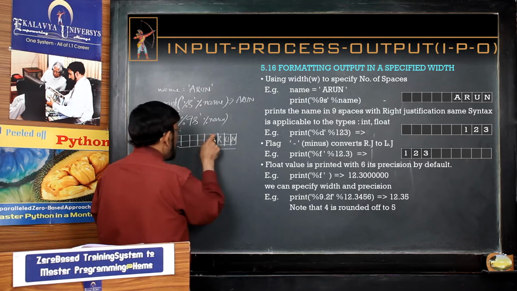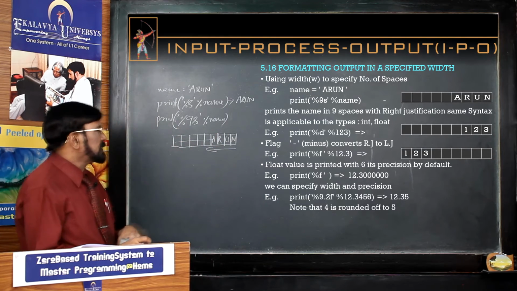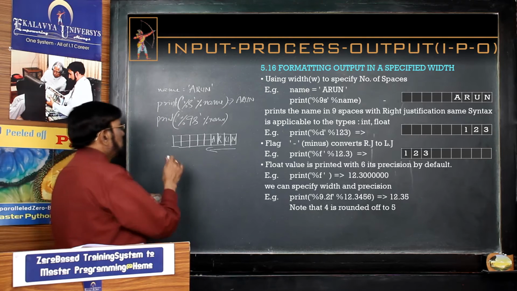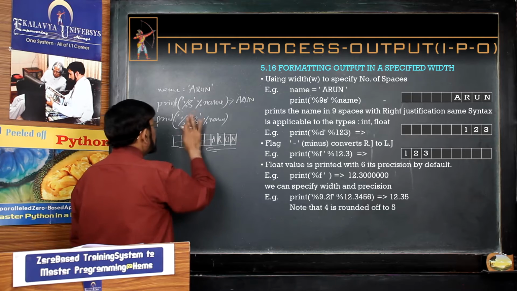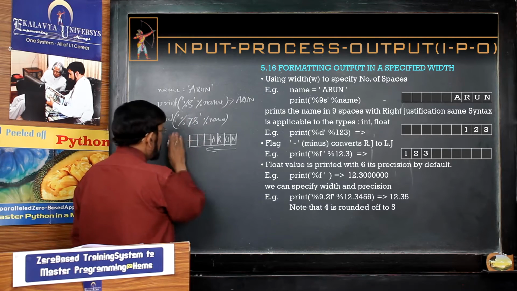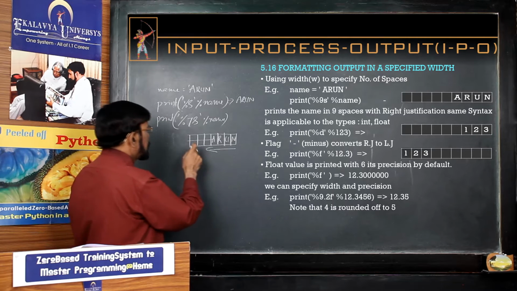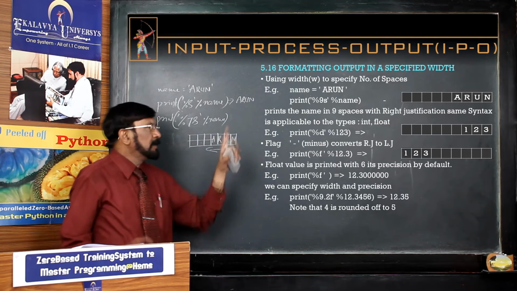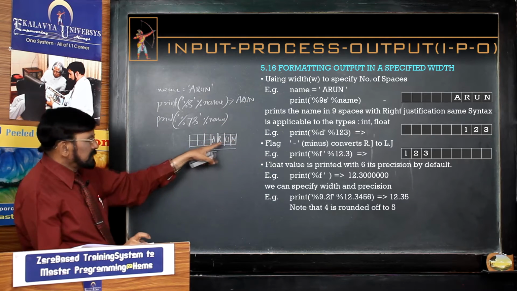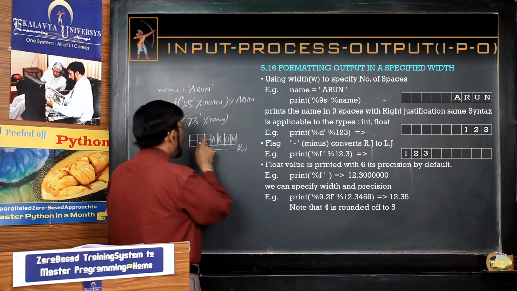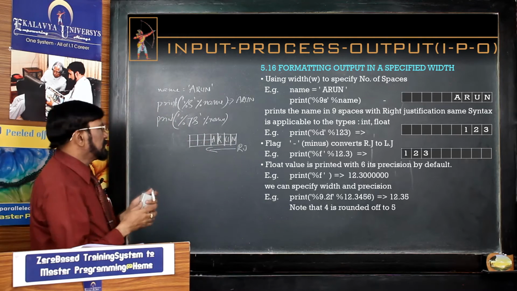So, left side 5 blank spaces are created. Here 9. Suppose if I write this one 7, then what happens? 7 spaces are created, 1, 2, 3, 4, 5, 6, 7, and the actual name is printed with the right justification, and 3 blank spaces are left.